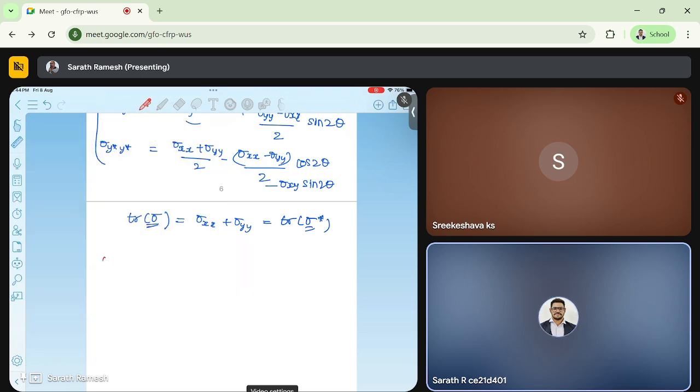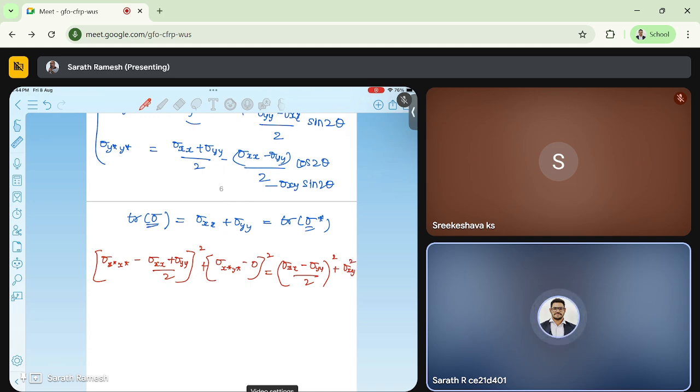That is sigma x star minus sigma xx plus sigma yy by 2, to the whole square, plus sigma x star y star minus 0, to the whole square, is equal to sigma xx minus sigma yy by 2 the whole square plus sigma xy square.